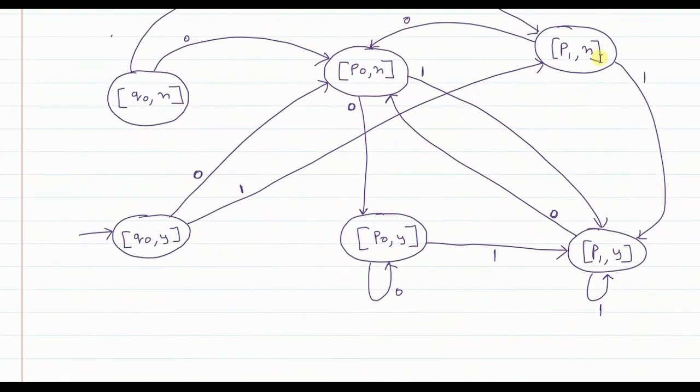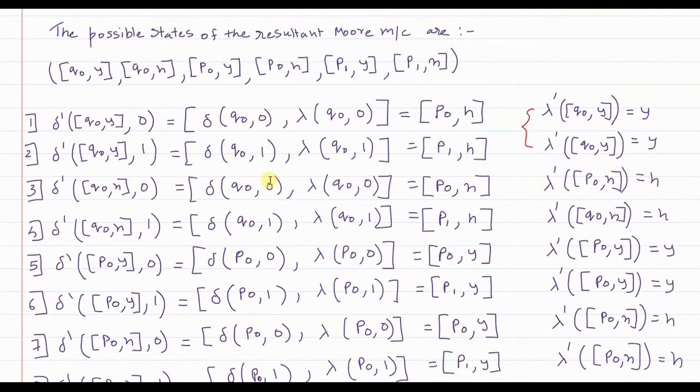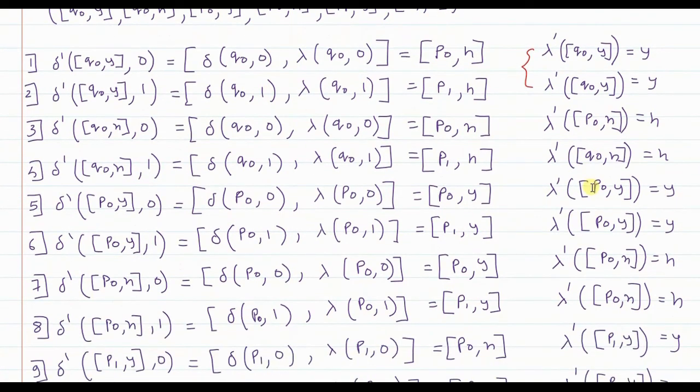Now just see, if you see these two transitions, you clearly say that the output associated with state Q naught Y is Y, right? I think I have made a mistake here.